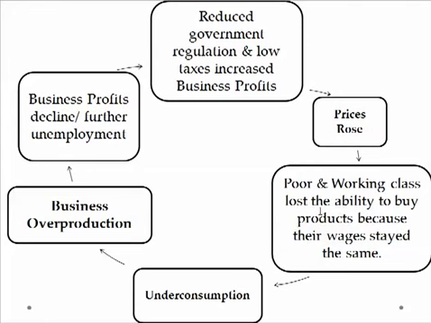So the poor and working class lost the ability to buy these products because they were too high and because their wages were still too low, and so it causes underconsumption. With underconsumption and business overproduction, there's no profits to the business, so they fire people and lay them off, and it creates further unemployment, which comes back around here to not buying things in underconsumption again, and things just get worse and worse and worse in that cycle.